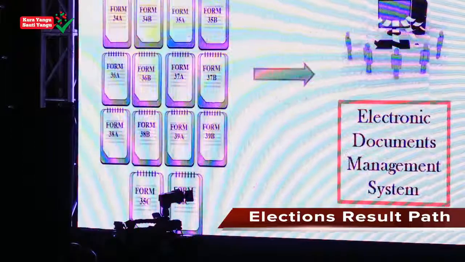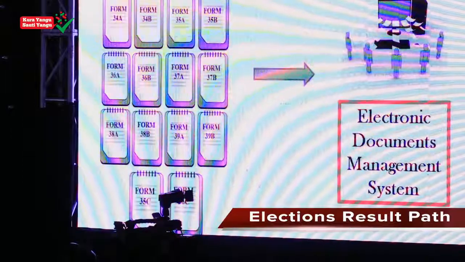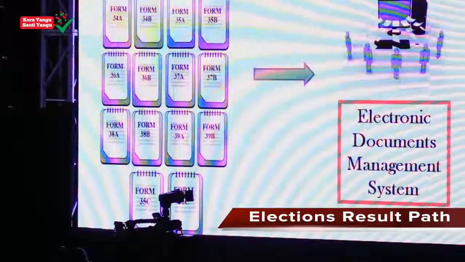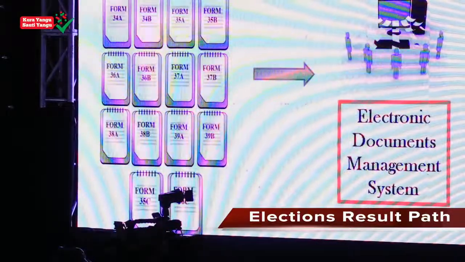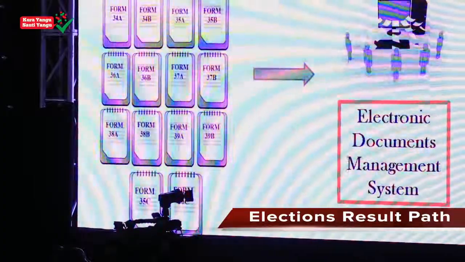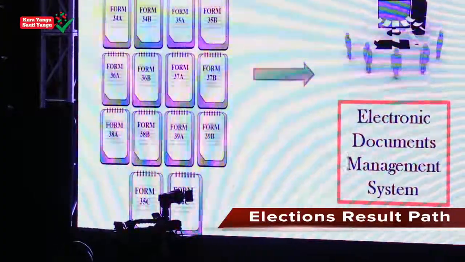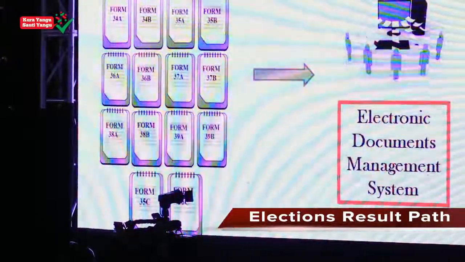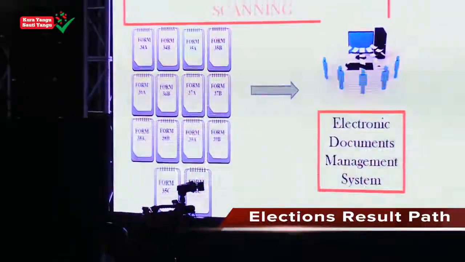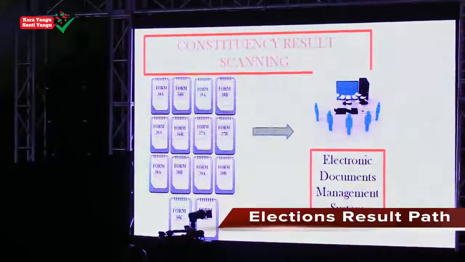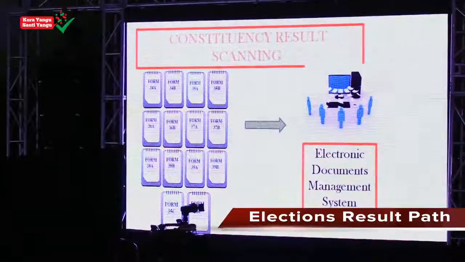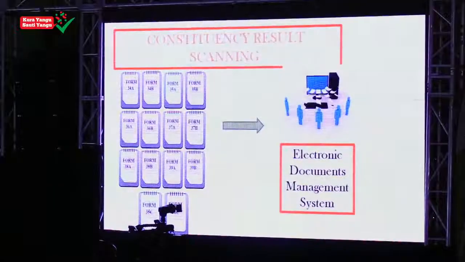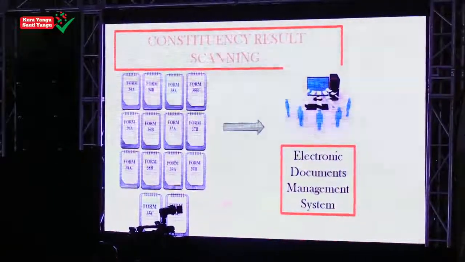Then after that, this is a new requirement. The commission at the constituency, these forms are all scanned and put in the electronic document management system. The document management system is where the public is able to access the information from the forms. This is expected to happen at the constituency after the 34B are completed, and also in addition to the 34A series. Next slide.